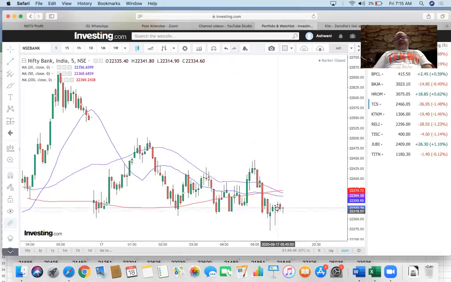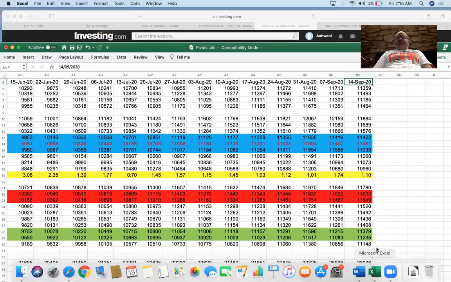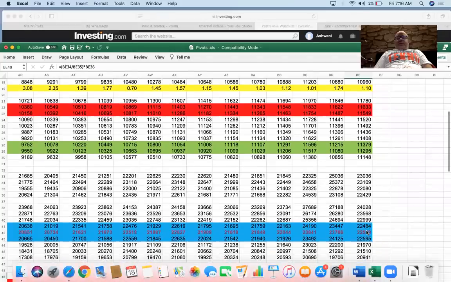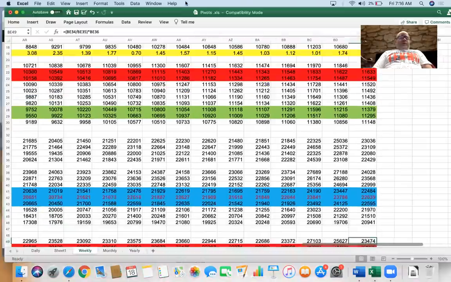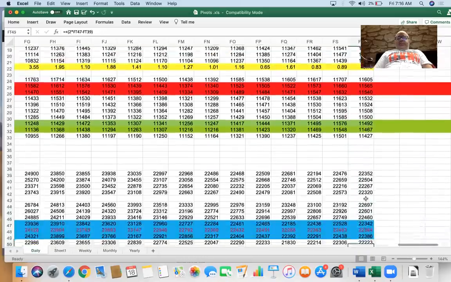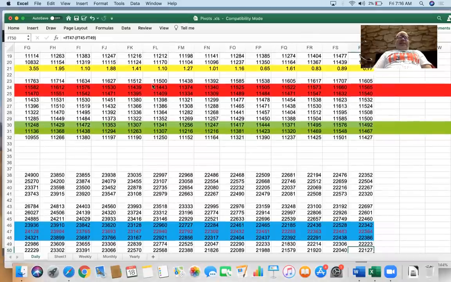So anytime you get a rally towards this sort of pivot zone, on the daily, Bank Nifty pivot is around 22,360, 380.